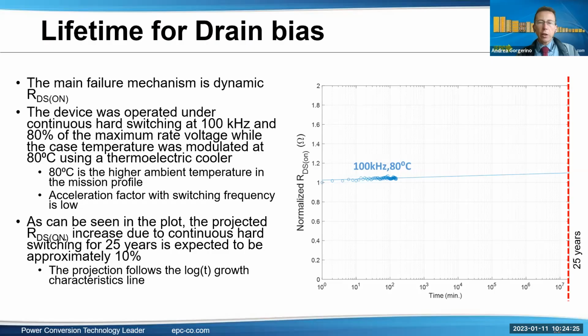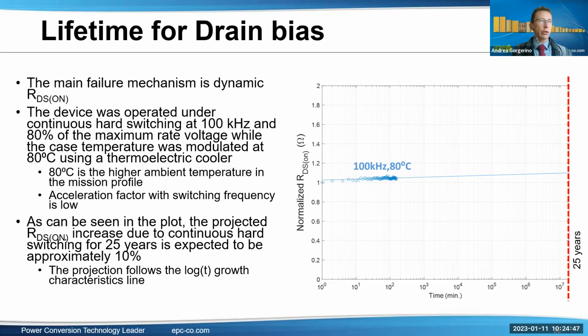One comment is the acceleration factor versus switching frequency is quite low. That's why we show 100 kilohertz. You can find all those curves for different frequencies in the reliability report I mentioned before. And again, as I mentioned, the increase after 25 years will be about 10%, which is within our spec for dynamic RDS-on. I also want to stress this is not a hard failure.